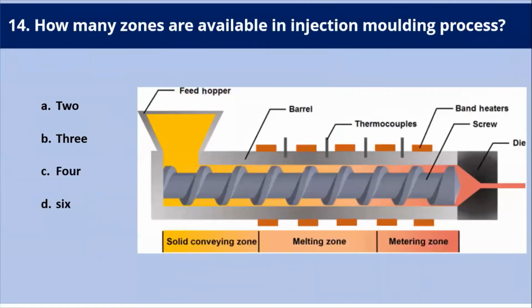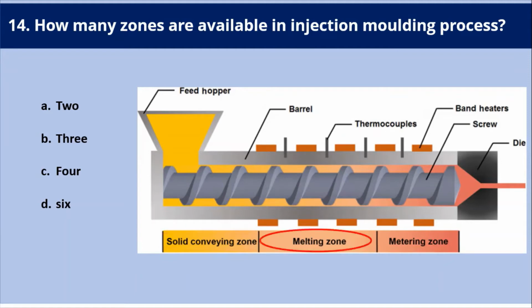Next question. How many zones are available in the injection molding process? Here actually there are three zones. You can say the solid conveying zone, then the melting zone, and the metering zone. Now in the solid conveying zone, this zone feeds the resin into the extruder, and the channel depth is usually the same throughout the zone.